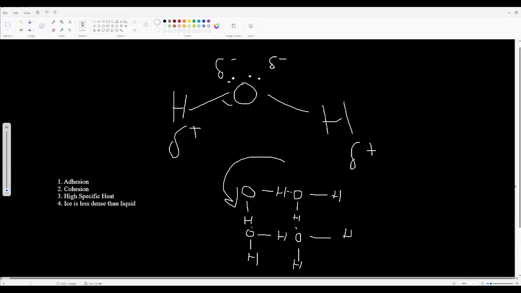And as for cohesion versus adhesion, cohesion is when the attractiveness of water molecules applies to itself, right? So water molecules are attracted to each other. They want to stick together because of those H bonds. Versus adhesion is when water wants to stick onto other surfaces, right?